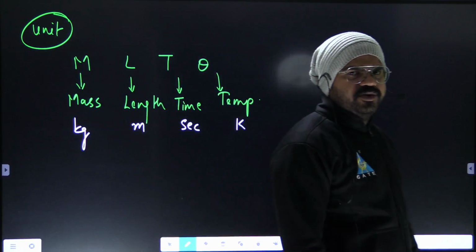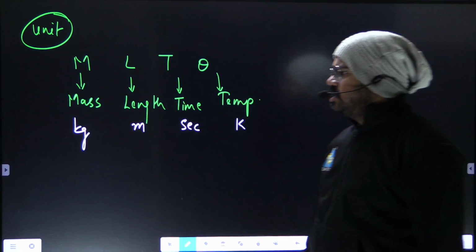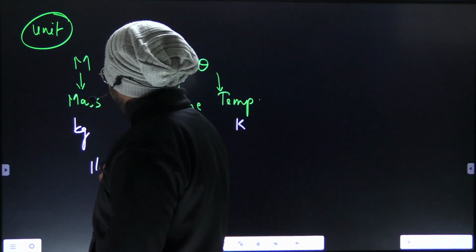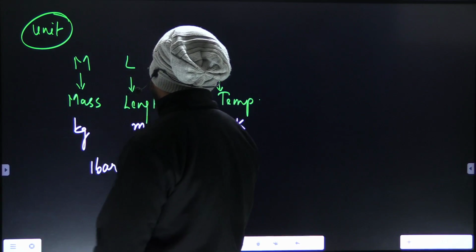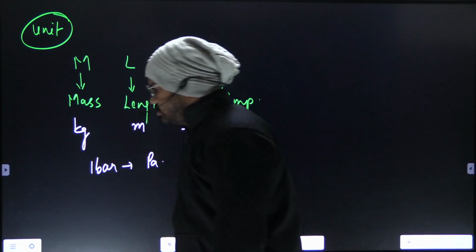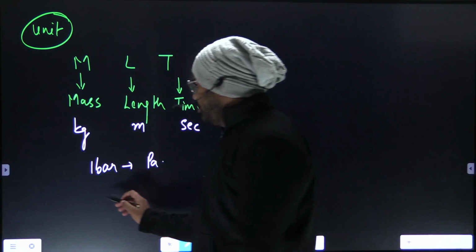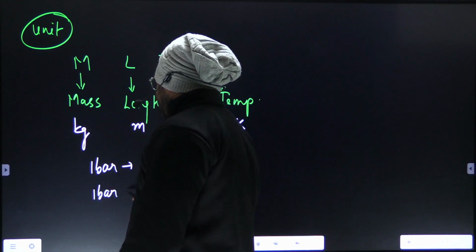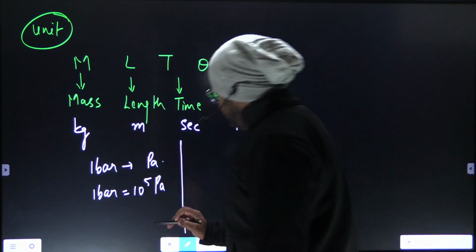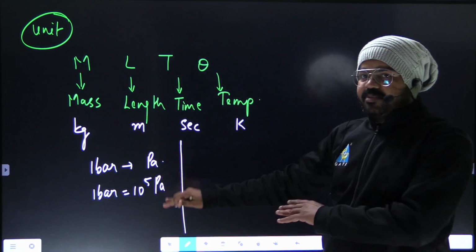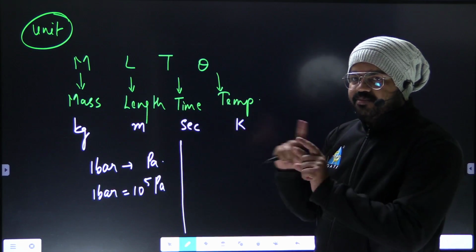Now, you tell me, sir, I don't know how to convert bar into Pascal. Simple. You have to remember this. 1 bar is 10 to the power 5 Pascal. Now, if you remember this, you can do the manipulations.